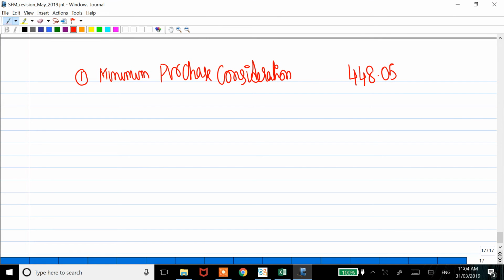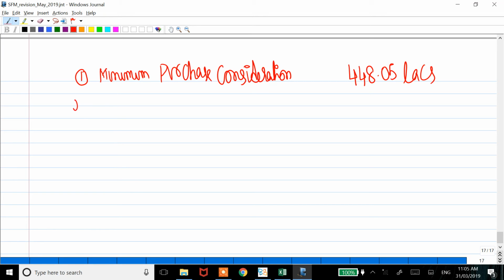Now this is in lakhs. I'll have to convert this into shares. To convert into shares, you need the post-merger price. You cannot work with the pre-merger price. I need the post-merger price, which as of now I will not have, because my post-merger price will depend on how many shares I allot.